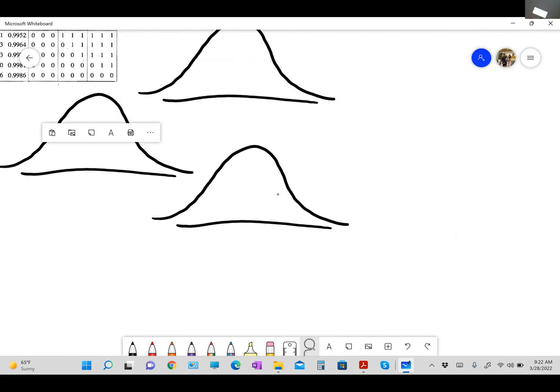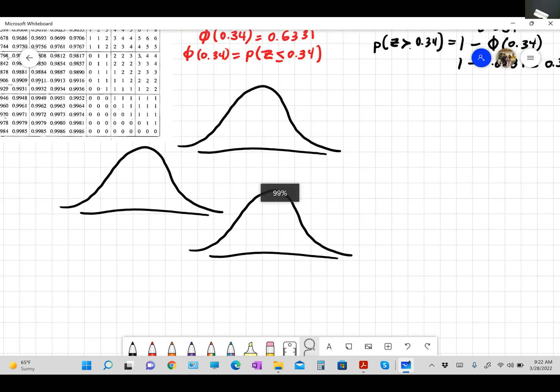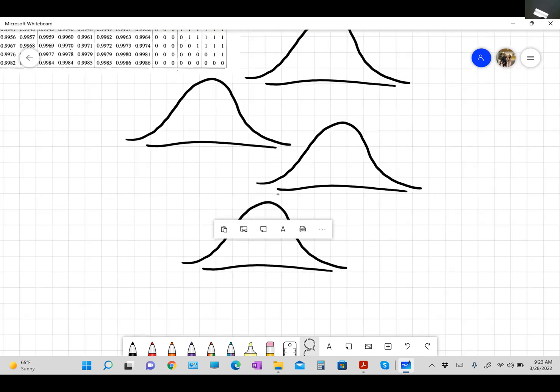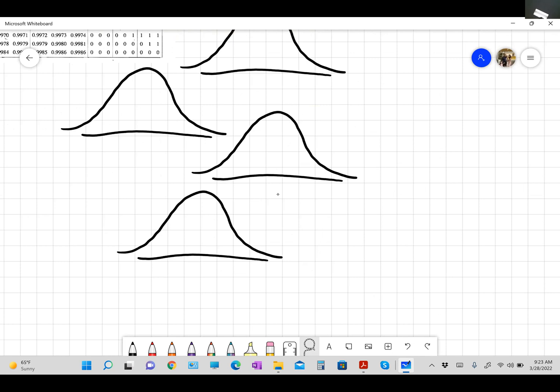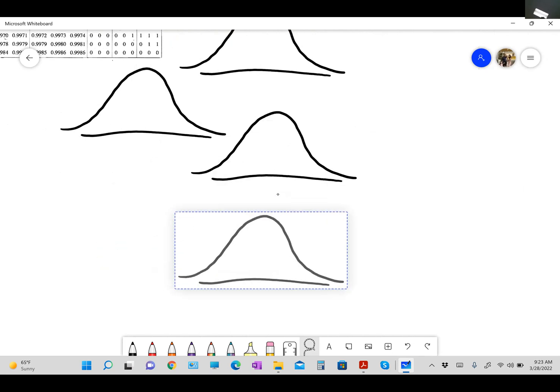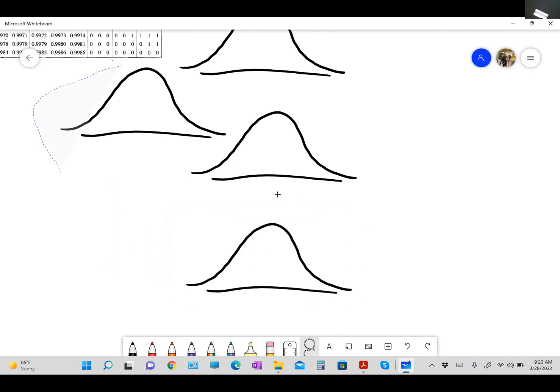I got to move this guy though. How do I move that? You know what? I won't move it. I'll just paste it here. And it didn't move it. Look how this looks. It's horrible. Ah, there we go. And I can delete this guy. Okay, so there we go. So I have 3 graphs there.